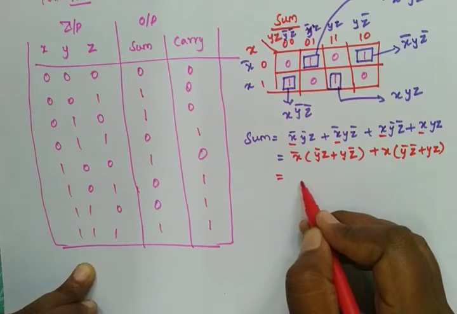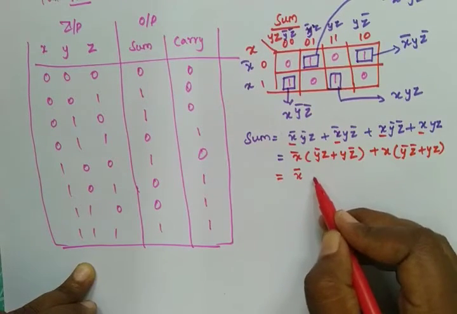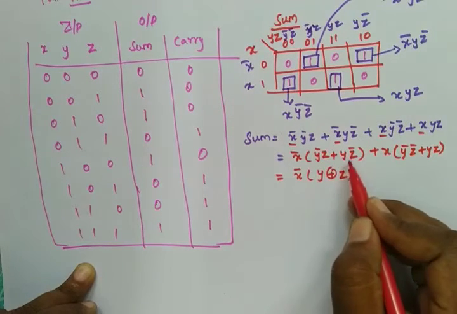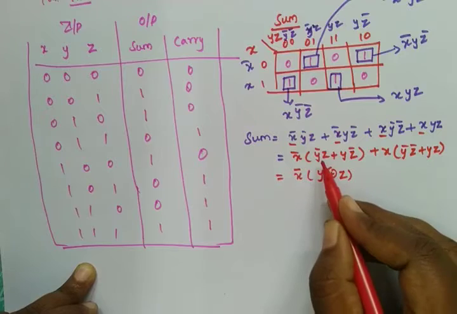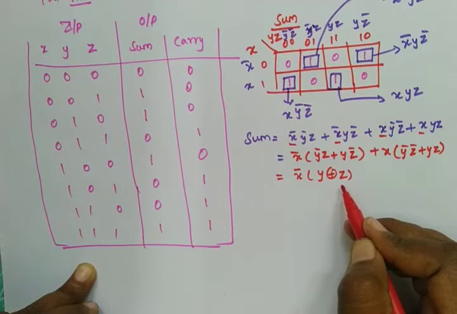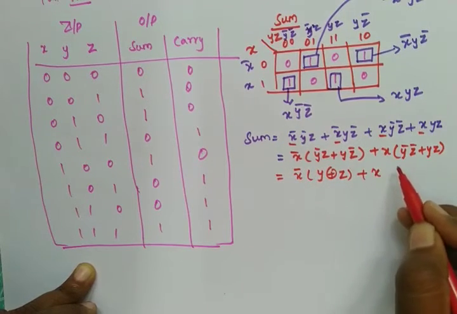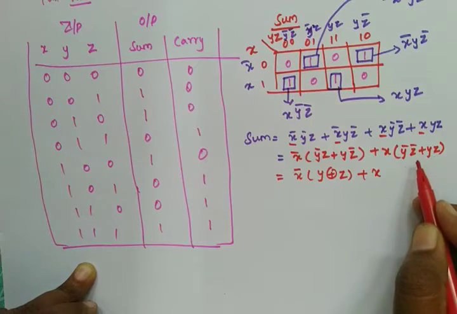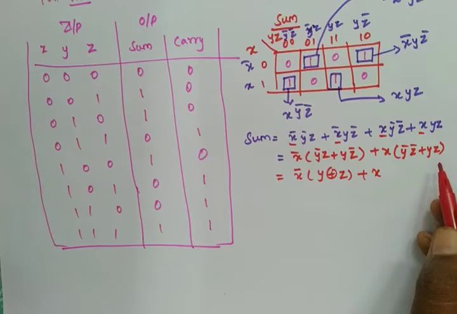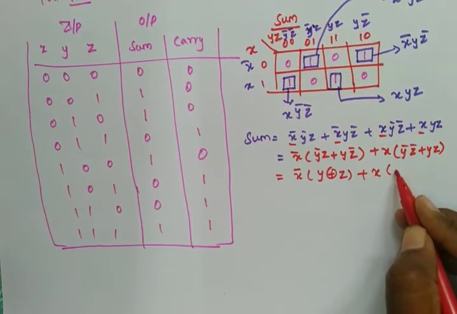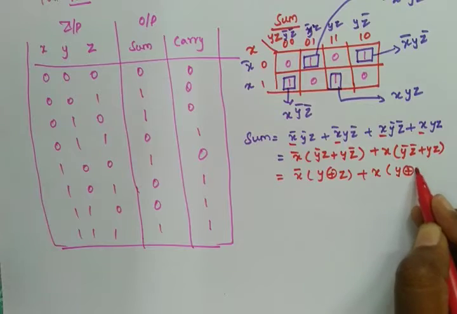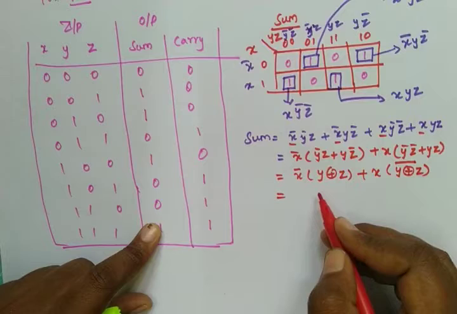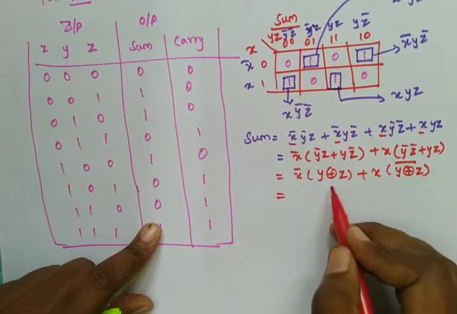Therefore we can write this as x bar times y XOR z, because a bar b plus a b bar is equal to a XOR b. So y bar z plus y z bar is y XOR z. And y bar z bar plus y z is a bar b bar plus a b, which is XNOR. So we can write this as y XOR z the whole bar. This represents XNOR.